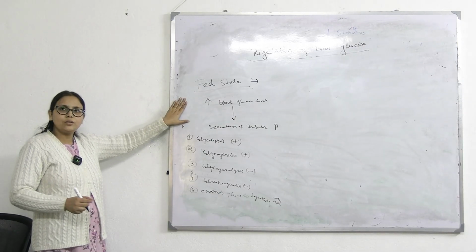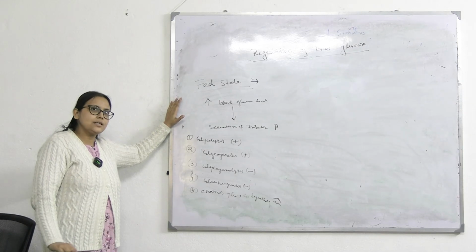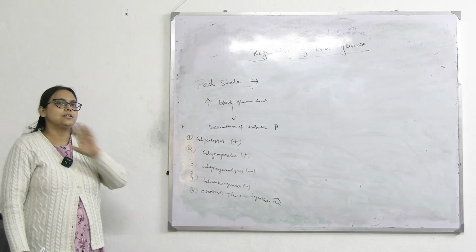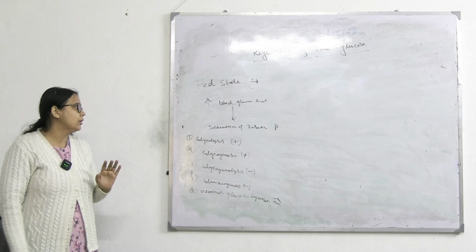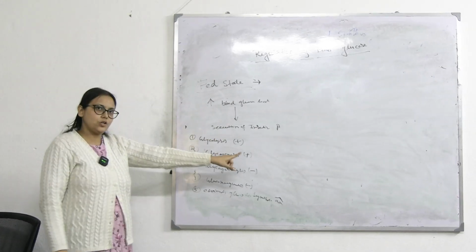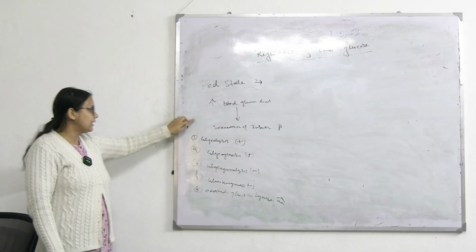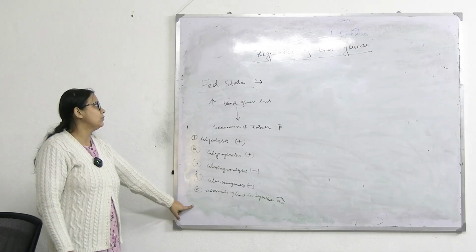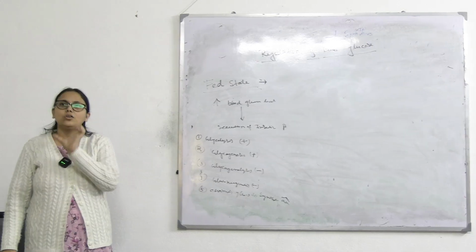So in fed state, when blood glucose level starts rising, there is a mechanism that prevents the excessive rise, as excessive rise is harmful for our body. As soon as blood glucose level rises, there is a secretion of insulin from the beta cell, and the insulin will show these metabolic changes, so that blood glucose level stays within the normal limit.